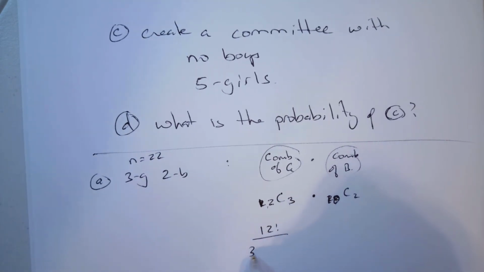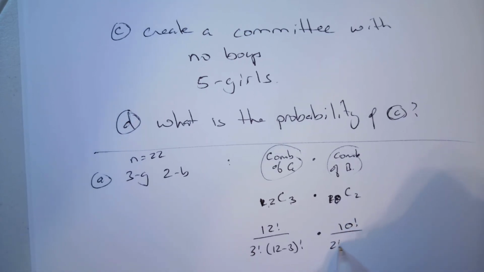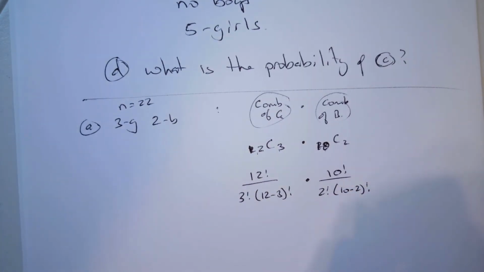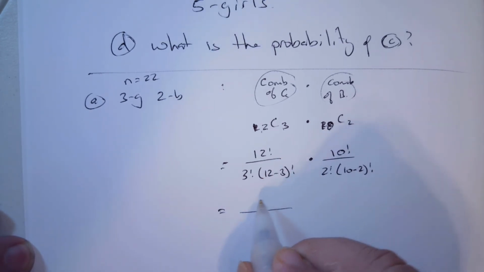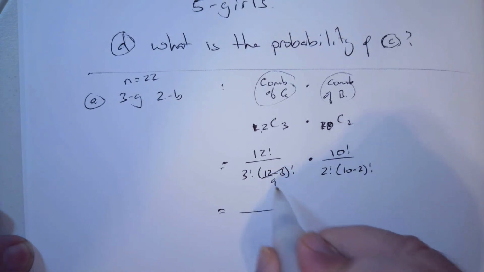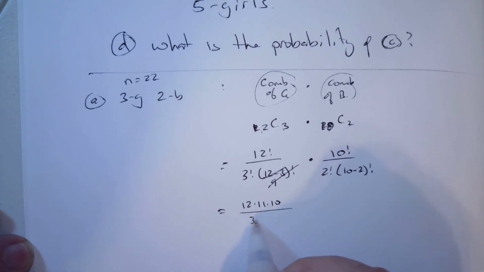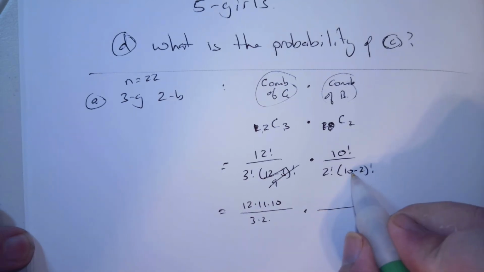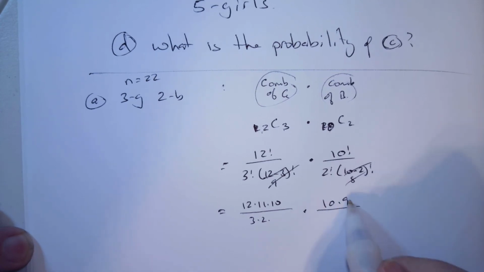So 12 factorial over 3 factorial times 12 minus 3 factorial, times 10 factorial over 2 factorial times 10 minus 2 factorial. 12 minus 3 is 9, so 9 factorial is gone, so it's 12, 11, 10. 10 minus 2 is 8. So all we have here is 10 times 9, 8 to 1's gone.